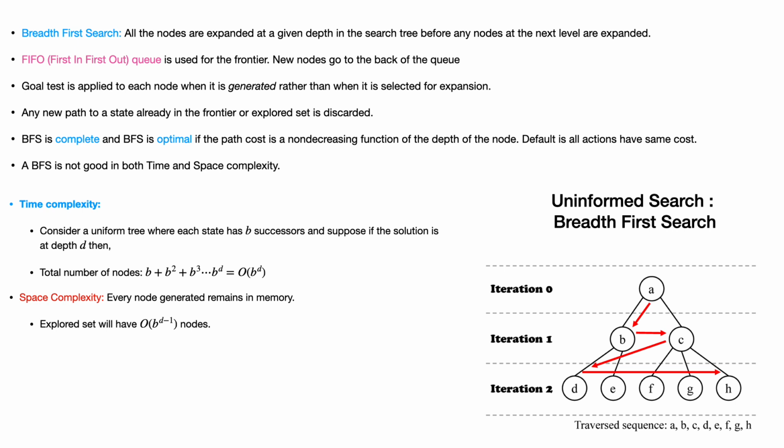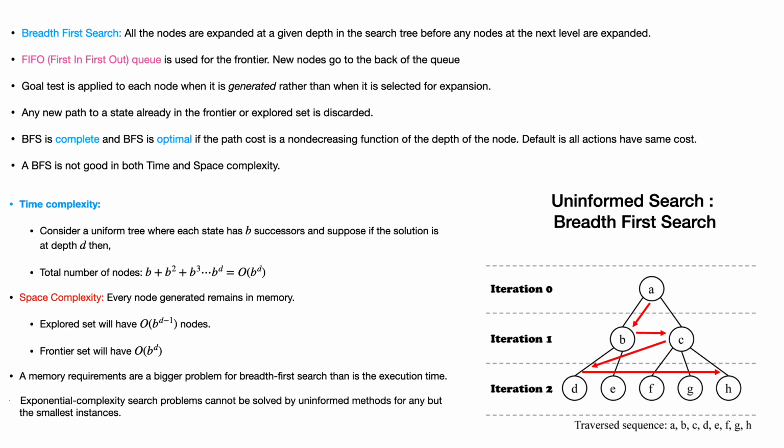So the space complexity is also huge in breadth first search, and both the explored set and the frontier set will be of the order of b^d. So the memory requirement in breadth first search is very high.